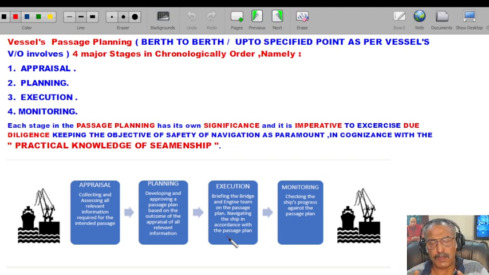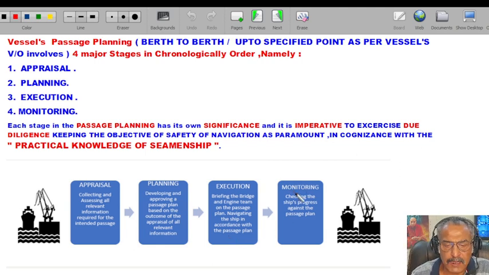Thereafter, all the navigating officers and the engineer officers are to be briefed that this is what the passage is going to be, and what all the critical aspects are, be it critical passage, depth, draft, or anything and everything, and what all the hazards are as far as navigation is concerned. This shall be briefed to all the personnel, because at the end of the day, it's a bridge and engine room team which works together cohesively.